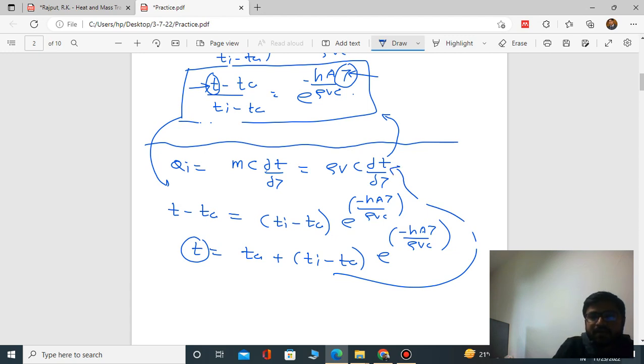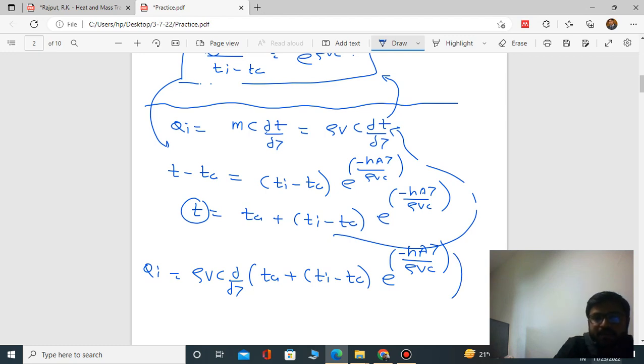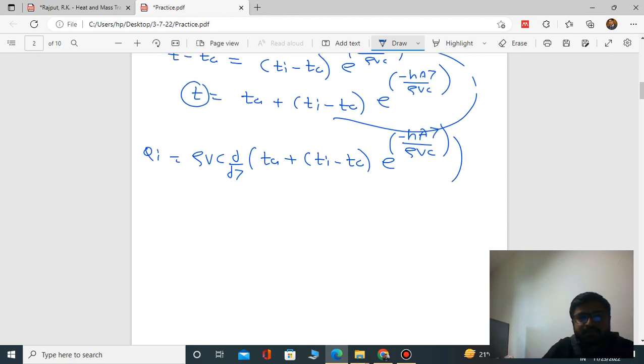So let us write down again that equation, that Qi is equal to rho Vc d by d tau, and here what we can write? Ta plus Ti minus Ta e raised to minus Ha tau by rho Vc. Clear? So now we will have to do differentiation, with respect to time. So here we cannot differentiate this term, so directly we will have to differentiate this.